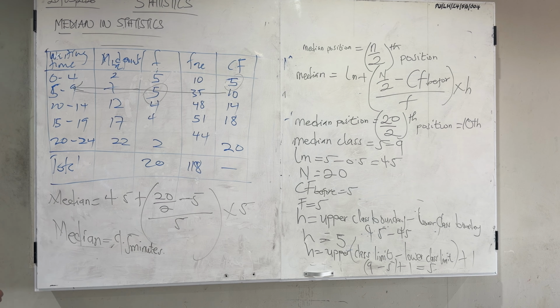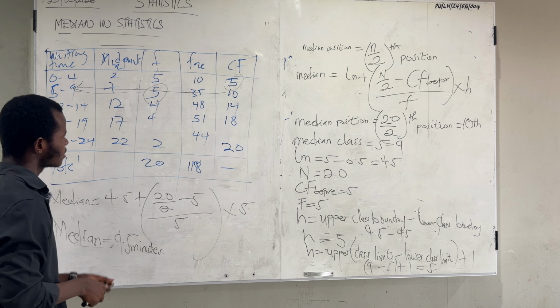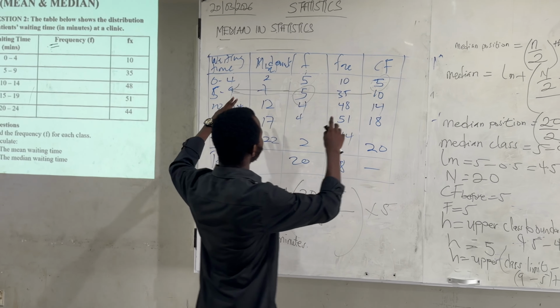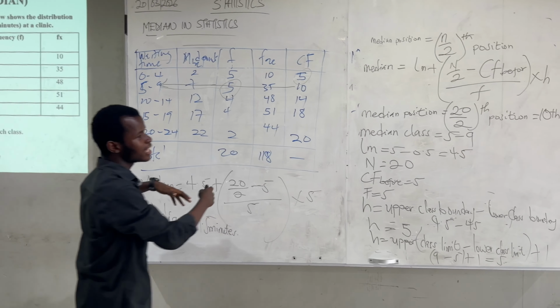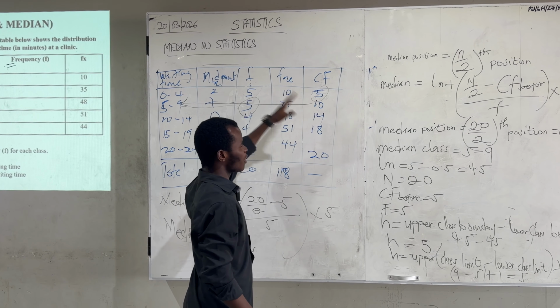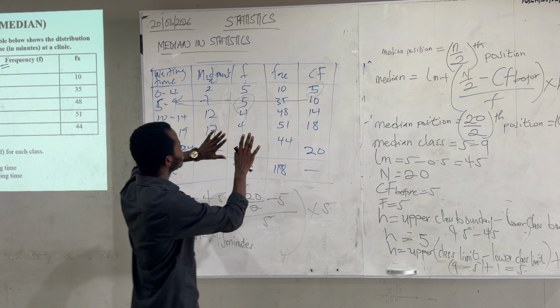All right. What are the areas students are likely to make mistakes? Okay, so I will start from the table. From the table, you have a lot of columns over here. So you might make a mistake by choosing CF for F. So you have to take a critical look at it.